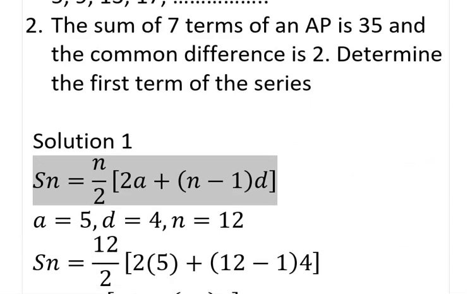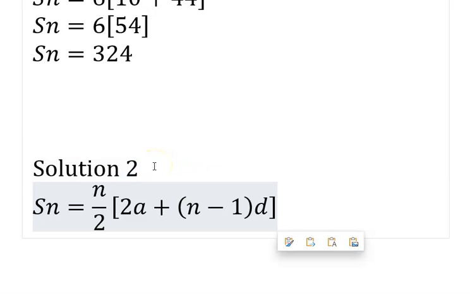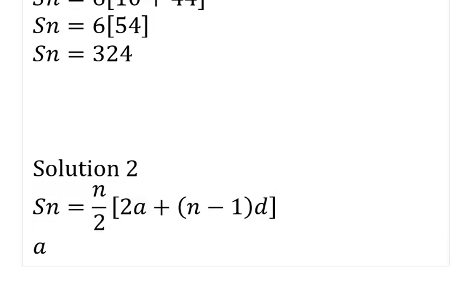Just get your formula. Beautiful. Your first term you don't know, because that's what the question is asking from you. Your common difference is 2. Then your number of terms, according to the question, 7.